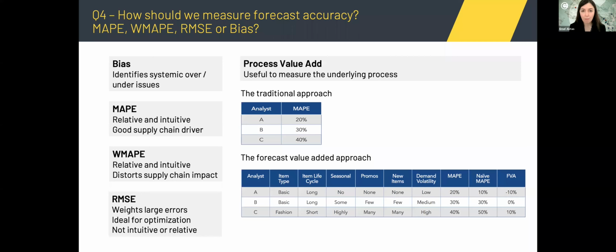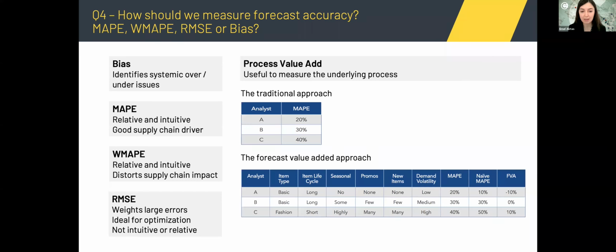But when we compare it with a naive method, we see that the naive method has a lower MAPE. So comparing the analysts just on the MAPE they achieve is not sufficient. We should always compare it with a simple model, and we expect the extra effort to outperform the simple forecasting method's MAPE performance.